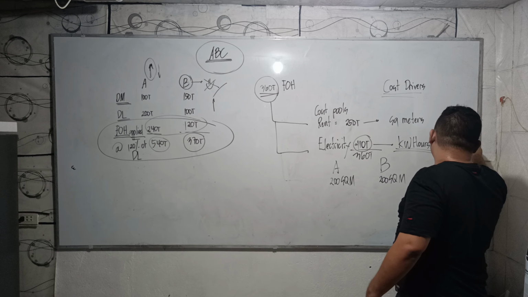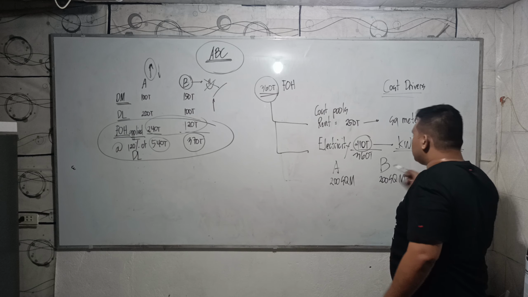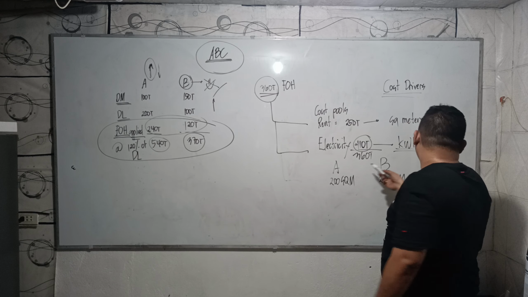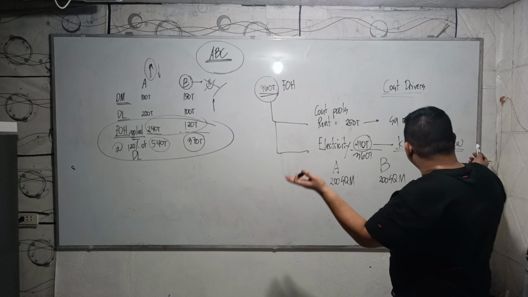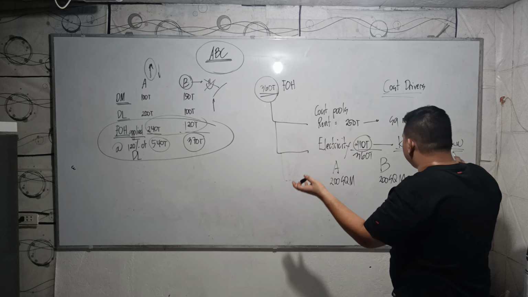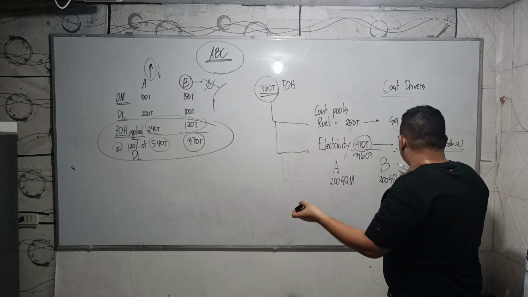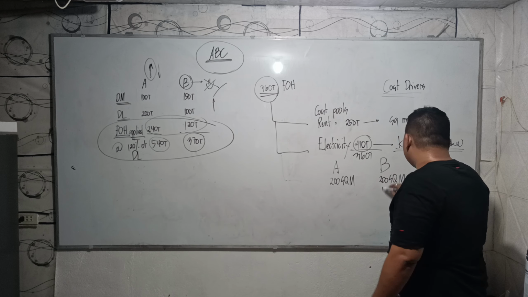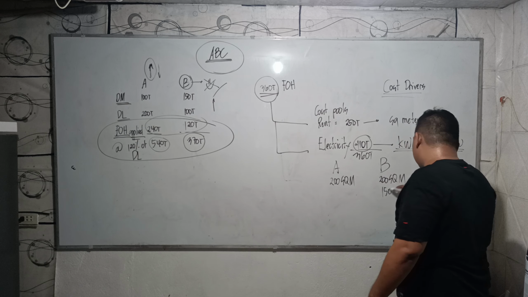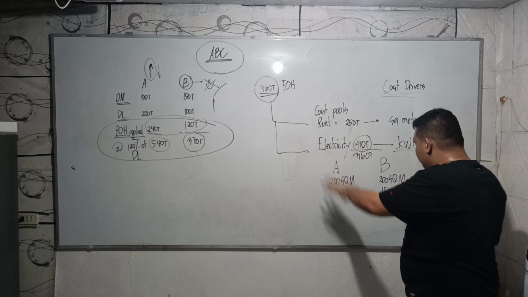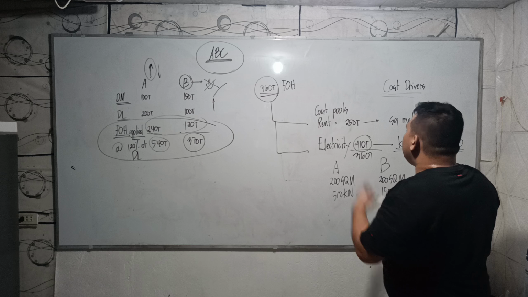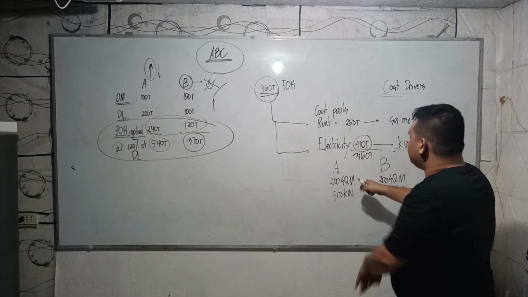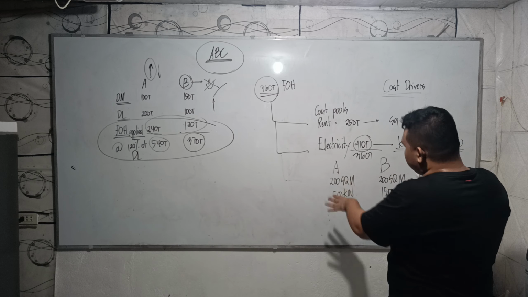And of the overall 2,000 kilowatts, A used, for example, 500 kilowatts only, and B used 1,500 kilowatts. So what will happen? You have to divide this based on the cost drivers.